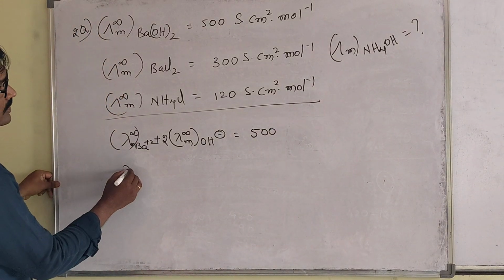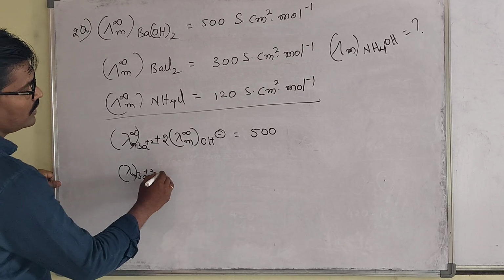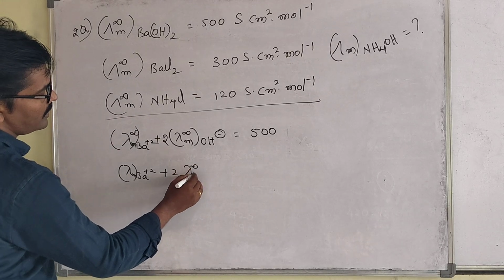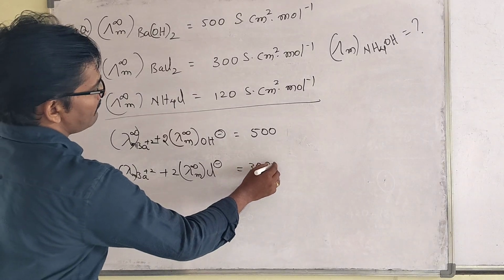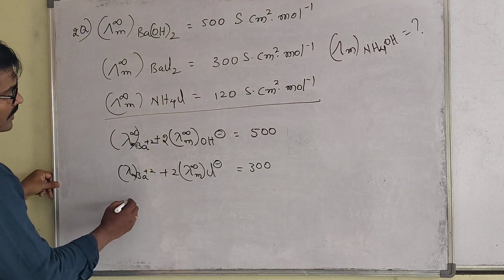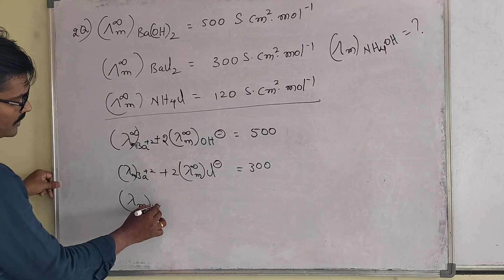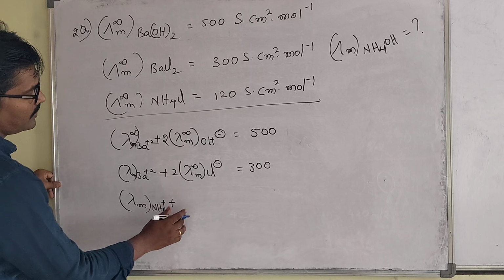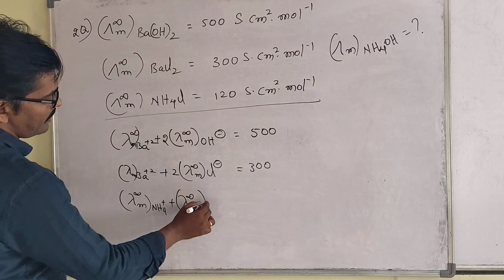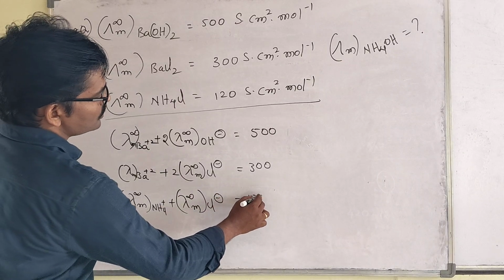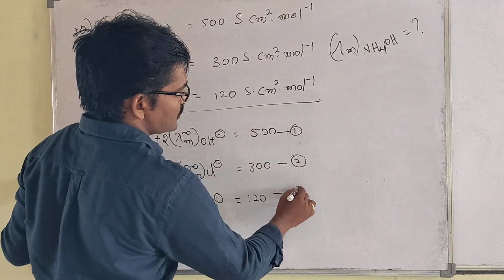Then second, Ba+2 plus 2 Cl minus is equal to 300. Then NH4Cl, NH4 plus and Cl minus, is equal to 120. So this is equation number 1, equation number 2, and equation number 3.